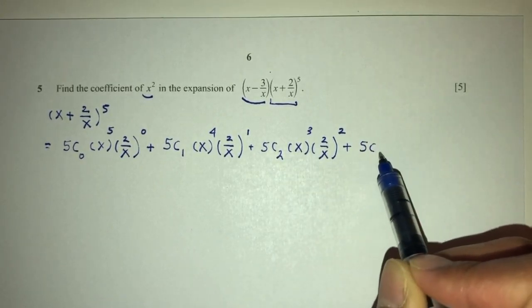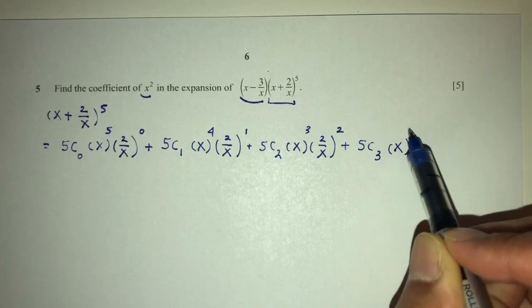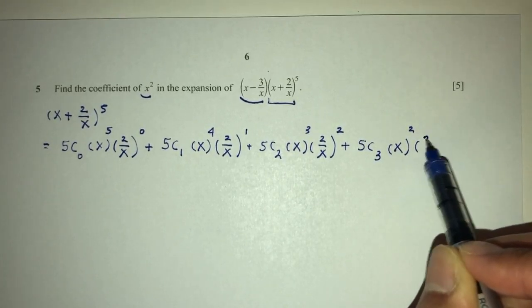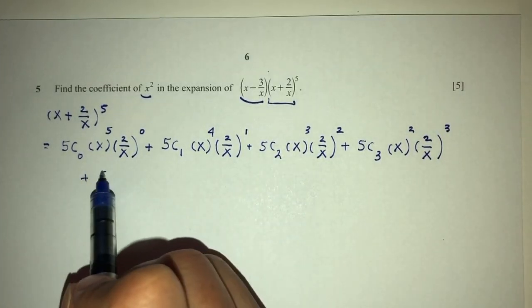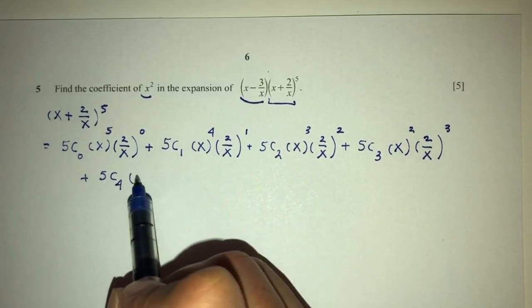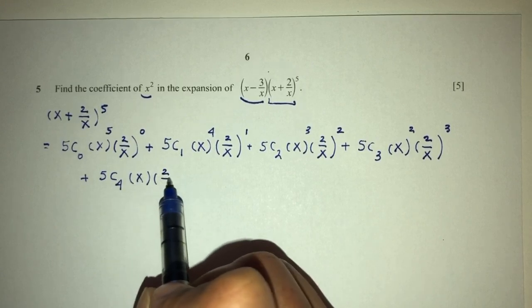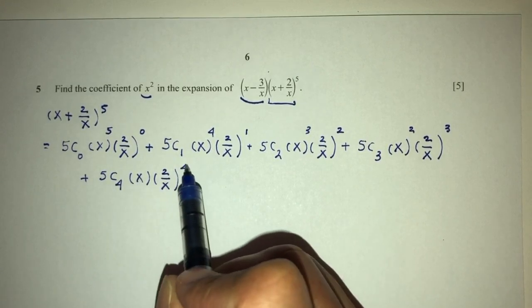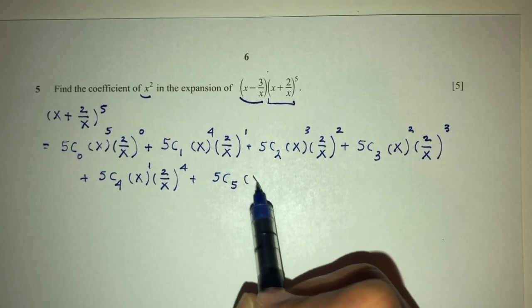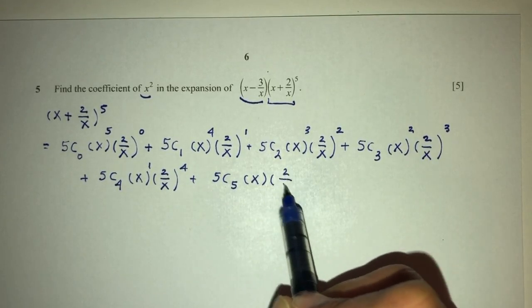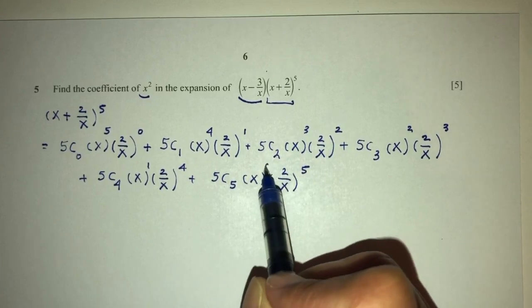Plus 5 choose 3, that will be x, 2 over x, and that will be 3 here. Continue, 5 choose 4, that will be x, 2 over x, here we have 4 and here we have 1. And finally, 5 choose 5, that will be 5 here and 0 here.